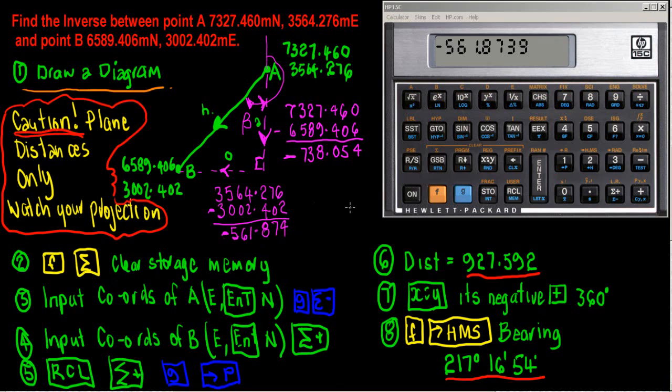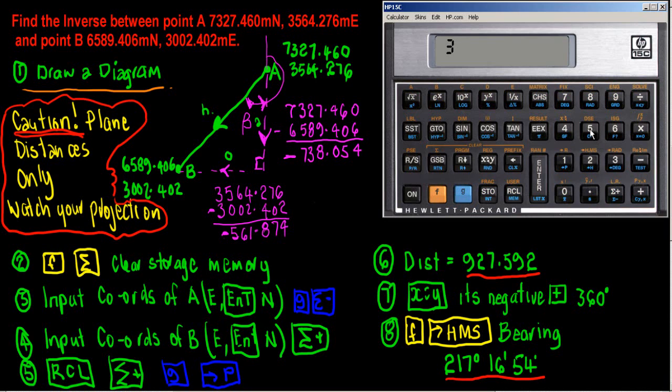Okay, now this way is even easier again. So the first thing is to go F sigma, so that clears all the storage memory and the statistics memories, and then we input the coordinates of A and we put them in easting first.